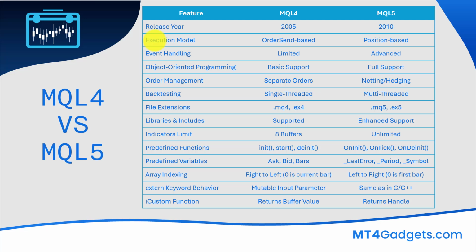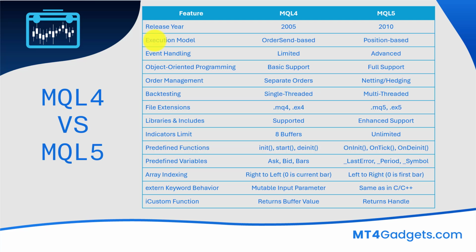When it comes to array indexing, it is basically the opposite. In MQL4, you have arrays that go from right to left, where index 0 is the current bar. So if you think about your sequence of prices, index 0 will be the most recent bar or the current one.